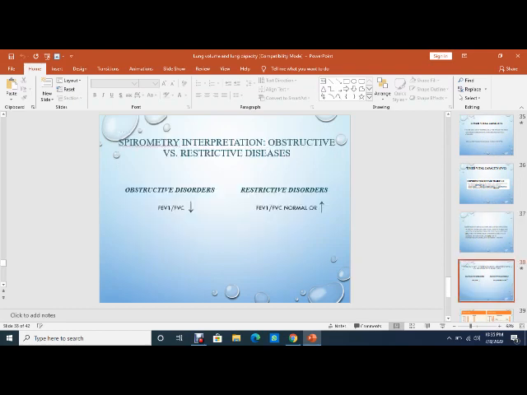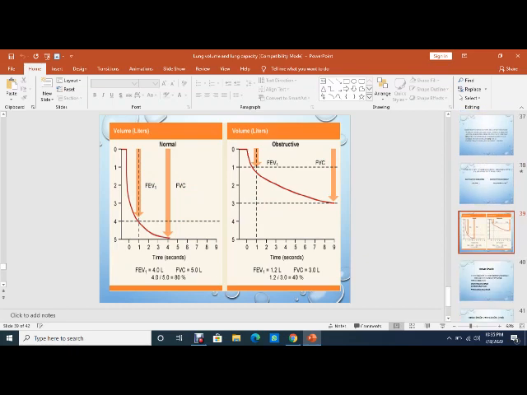Spirometry interpretation: obstructive disorders versus restrictive disorders. This diagram shows normal volume, FEV1 and forced vital capacity, and forced expiratory volume in 1 second.